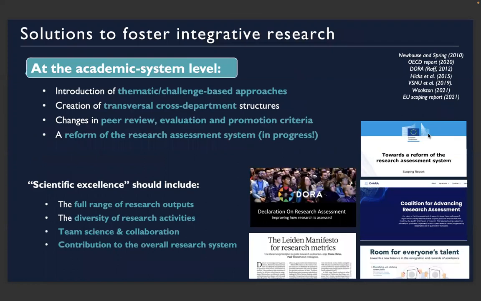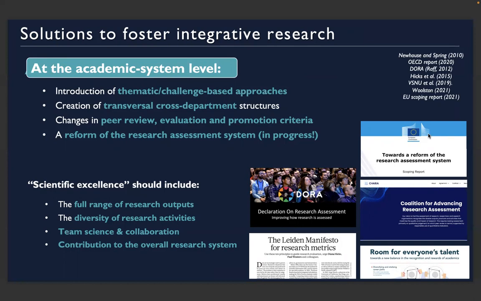So in all this literature, what they say would be the solutions to foster integrative research at the academic system level is to introduce more thematic-based or challenge-based approaches, and in particular to create more transversal cross-department structures, so that instead of being divided into vertical discipline departments, they are divided in other ways.